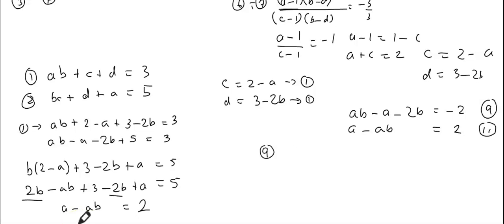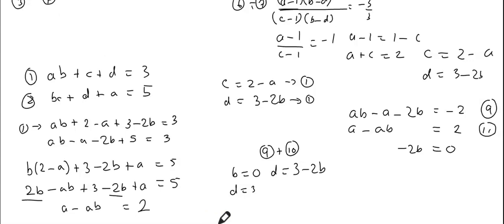And now if I add equation 9 and equation 10, I get minus 2B equals 0, so B equals 0. And D equals 3 minus 2B, so D equals 3. And so if I look once again at equation number 10, A minus AB, which is A times 0, equals 2.